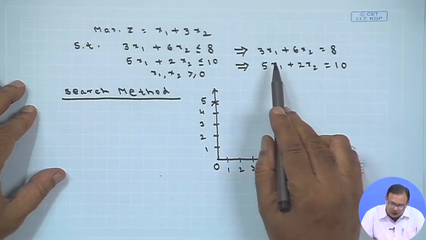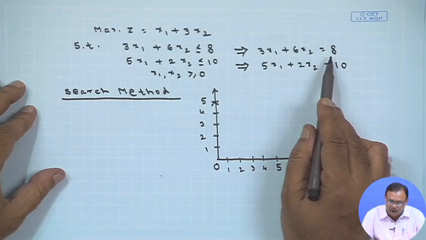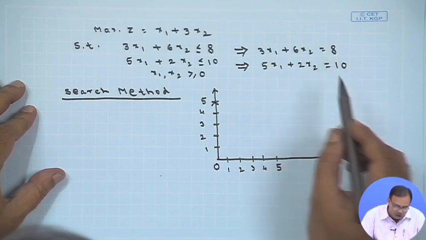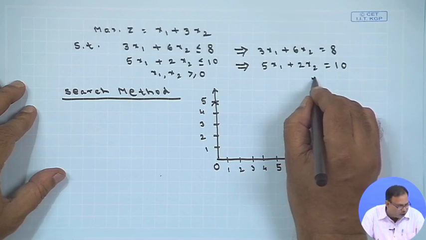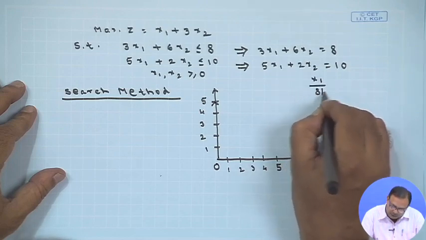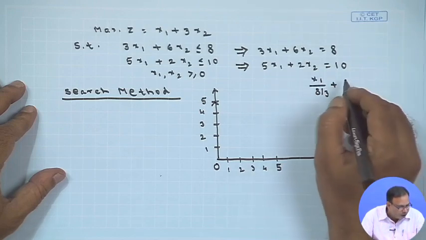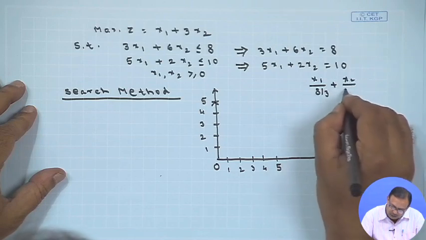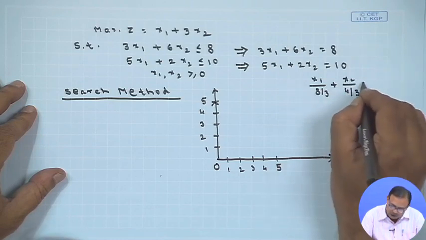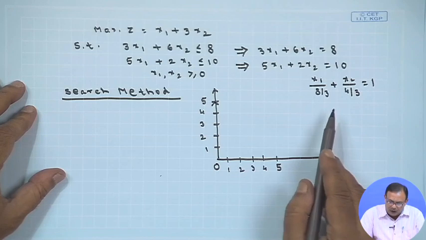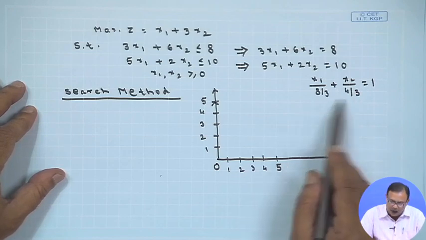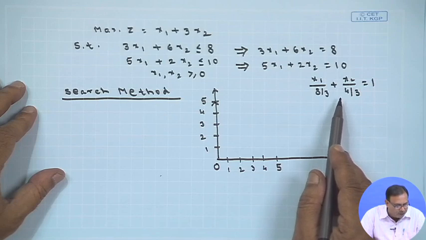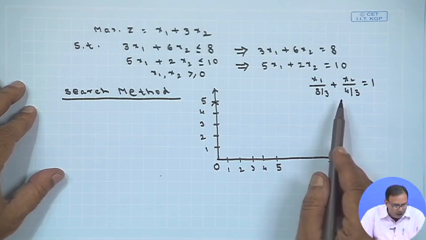The first line, 3x1 plus 6x2 equals 8, can be written in the form x1 by 8 by 3 plus x2 by 4 by 3 equals 1. So the intercepts on x1 and x2 are 8 by 3 and 4 by 3 respectively, so that the drawing becomes much easier.